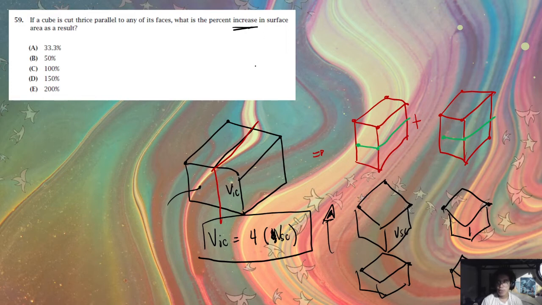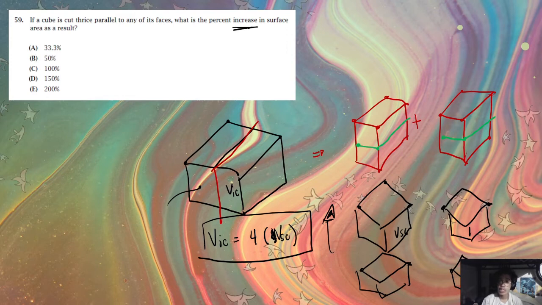Now think of this problem as a gift wrapping problem. Let's say you have a gift in the shape of a cube, and you have to divide it into four different parts. That would mean you'd need much more gift wrappers, because you just divided one big gift into four smaller gifts.